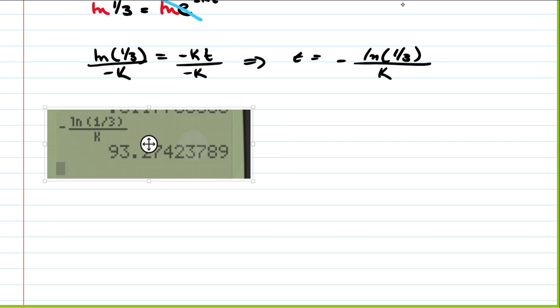So according to Newton's law of cooling, it will take about 93 minutes.